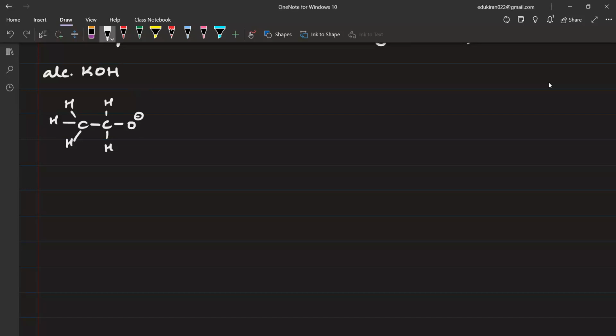Now let us look at a general haloalkane. We are having R group, then the beta carbon with 2 hydrogens, then the alpha carbon with 2 hydrogens. Let me take this only, copy paste this.